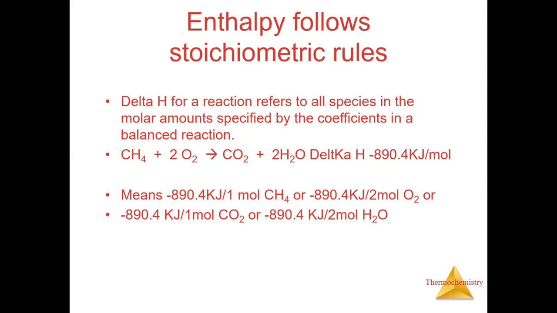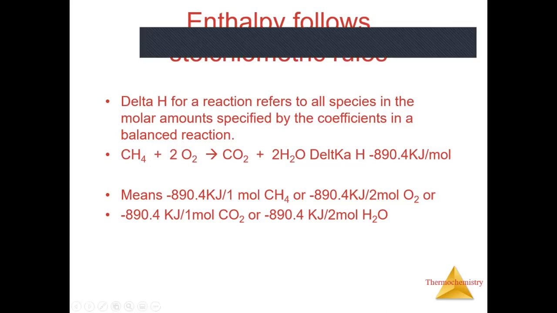This is stoichiometric rules. If I need 2 moles, then I have to have 2 moles, or else I'm not going to make this same amount. This is kind of like saying 2 moles of oxygen makes 1 delta H. Okay, does that kind of make sense a little bit?